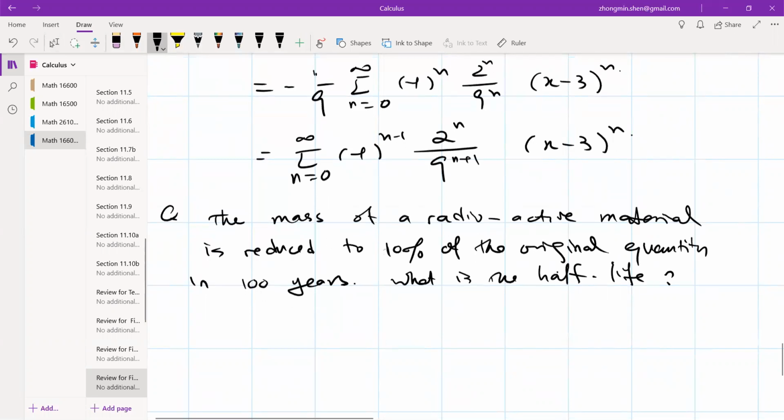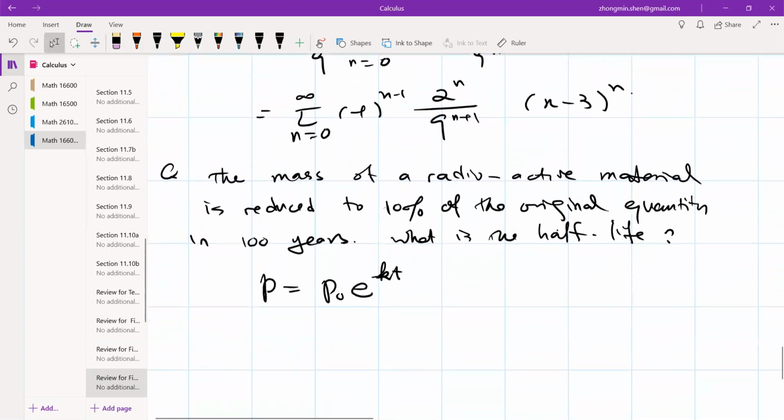I don't think so. Okay, so first of all, we have the general formula. We don't need to go through it. This is P equals P naught e to the kt. It's decreasing, so k is negative. You can put a negative sign in front of the k, then k becomes positive. Now, in 100 years I want to determine the k. In 100 years, the material is reduced to 10% of the original, so 1 over 10 of the original equals e to the negative 100k.